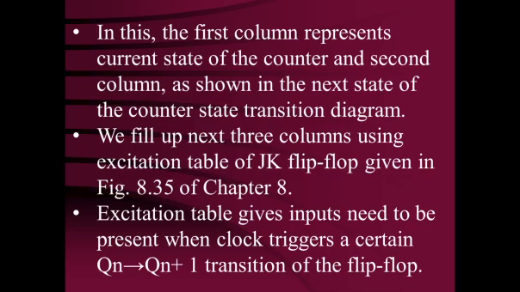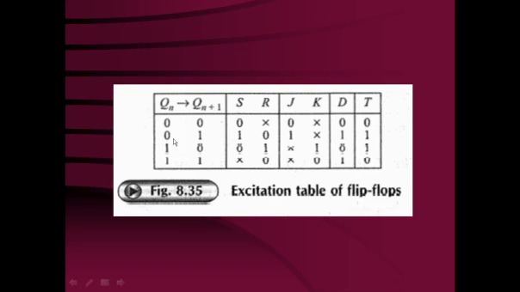This type of table is known as the excitation table. The excitation table gives the inputs that need to be present when the clock triggers a certain Qn to Qn plus 1 transition of the flip-flop. This is your excitation table.